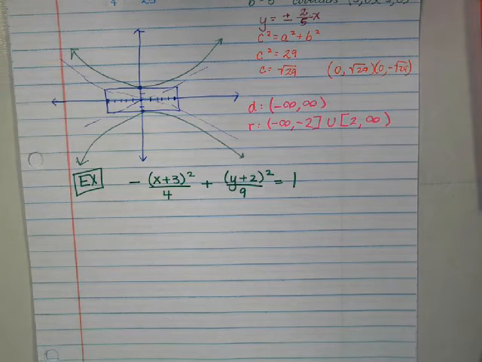So, how do I know that it's not at 0, 0? Because there are values inside the parentheses, so that tells me that I have a different center point.